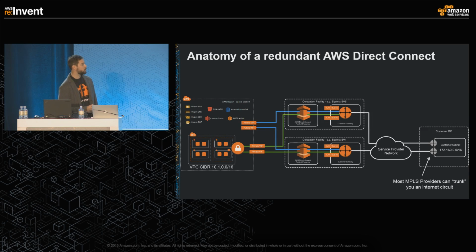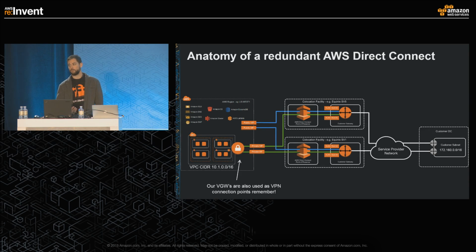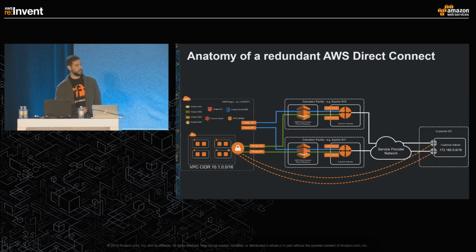So what that's going to allow you to do is connect to a VGW. Our VGW VPN endpoints are actually publicly accessible, so when you configure a VPN, you connect to a public endpoint. From there, in this case, we're configuring 2 VPN tunnels, one from each router to the VGW.